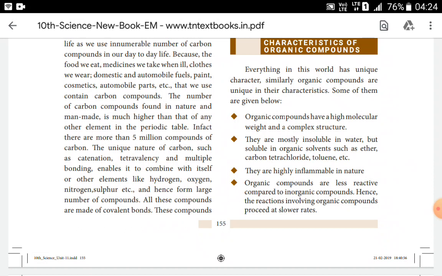So, what is the symbol of carbon? Already told, C. Atomic number 6. And its electronic configuration. Electronic configuration means distribution of electrons in the different atomic orbitals using the formula 2n squared. 6 atomic number means the number of protons is 6, so the same number of electrons will be there, 6 electrons.